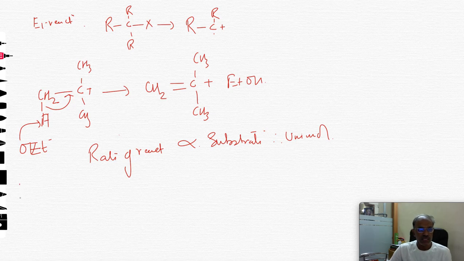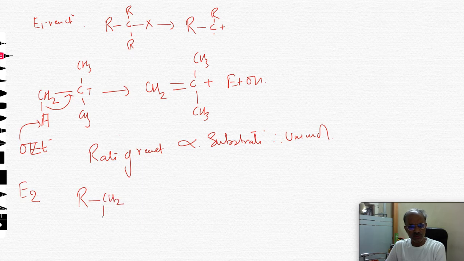Now E2 reaction. What do you mean by E2 reaction? In E2 reaction, it is also somewhat similar. CH2, this is H, CH, this is CH2X. Now this on treatment with some base, again the same thing. The base will abstract a proton.